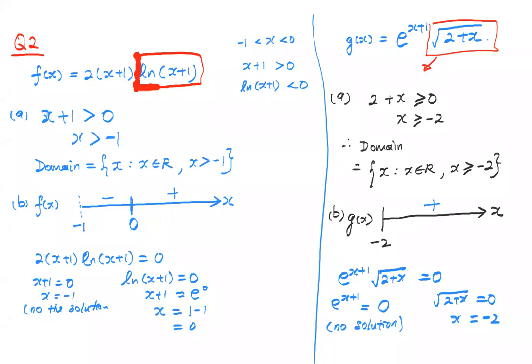Done. You get your 2 marks. So don't think of domain or sign diagram as something very difficult. You must look at the function given to you. Are you clear?